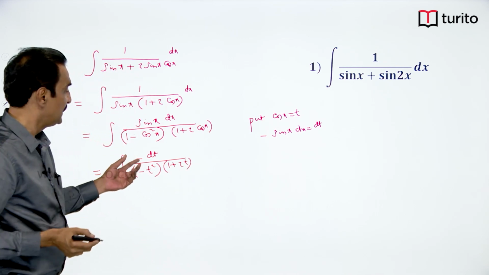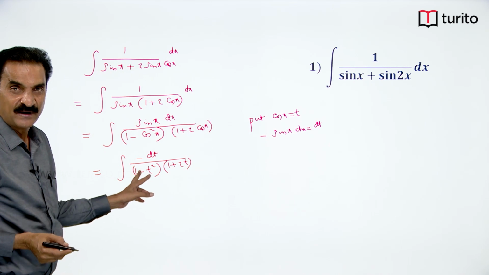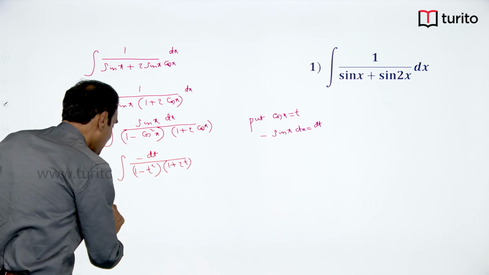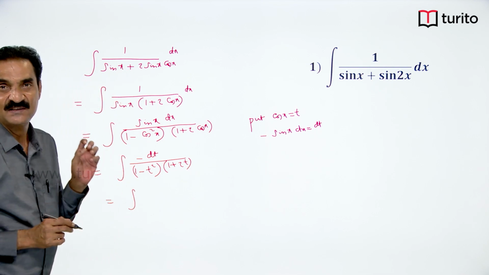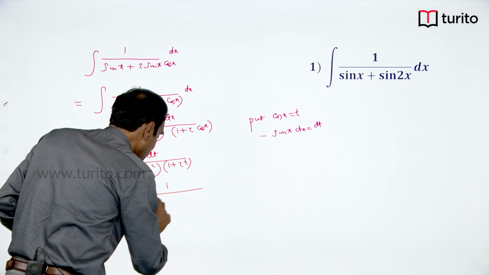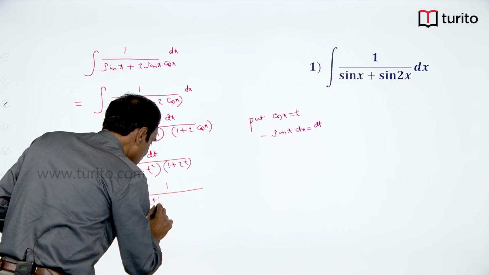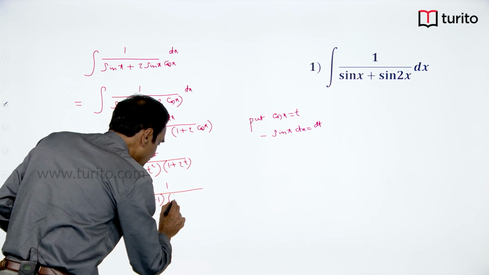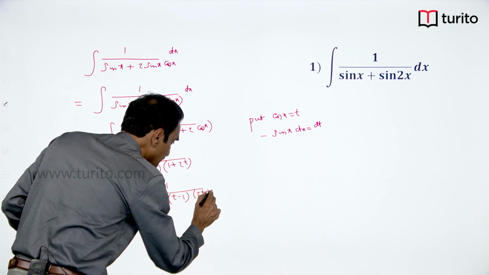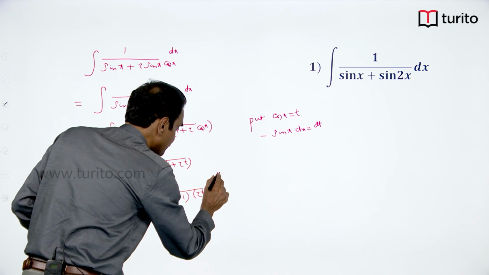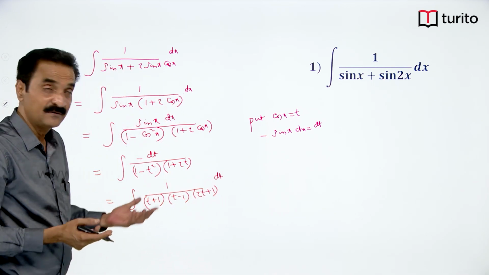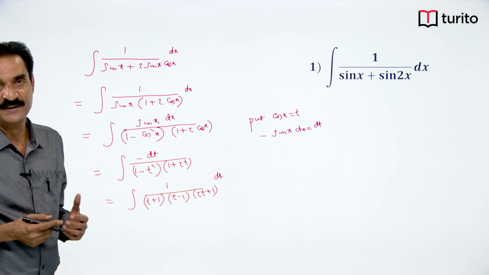Now you can remove this minus sign by writing denominator as t square minus 1, and t square minus 1 can be factorized as t plus 1 into t minus 1. So it will be 1 upon t plus 1 into t minus 1 into 2t plus 1 dt. Now what is the method? We have to resolve this into partial fractions and integrate it.